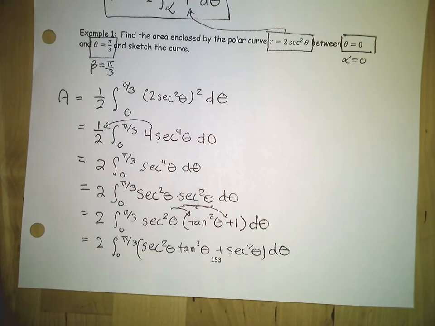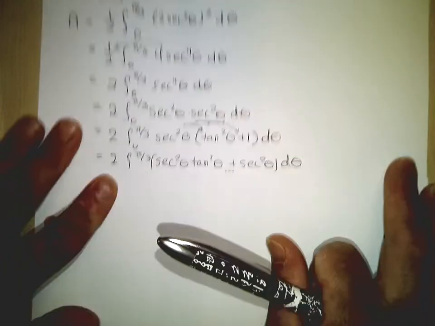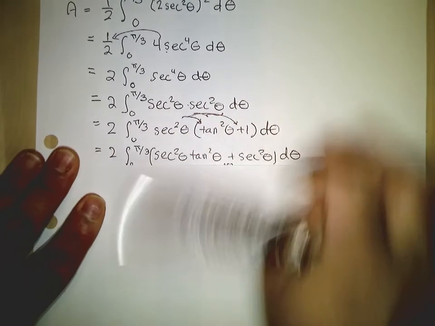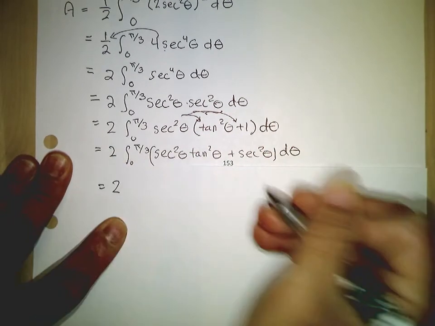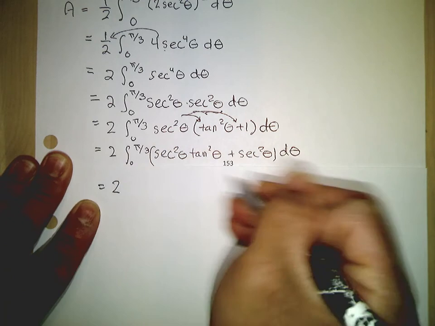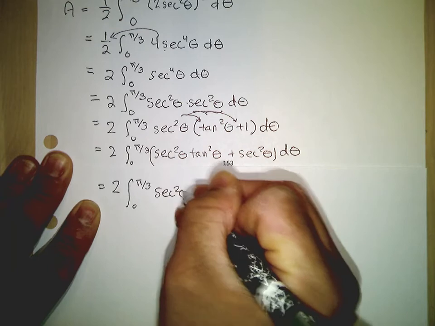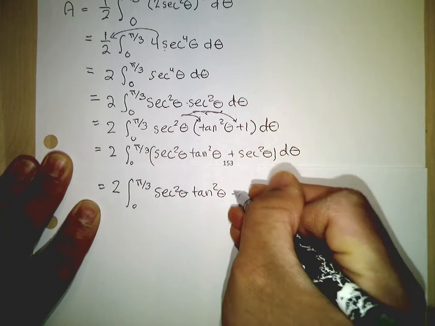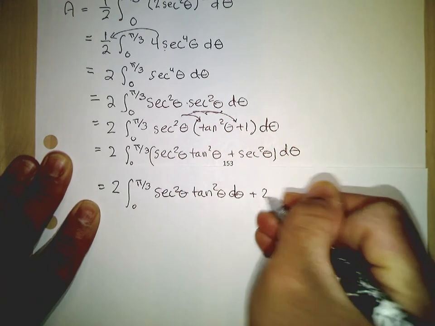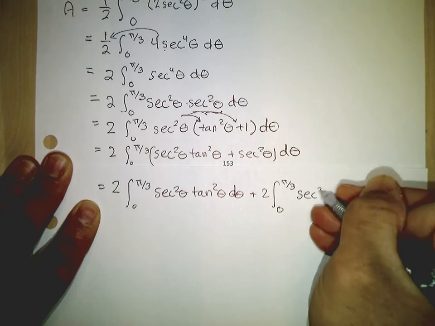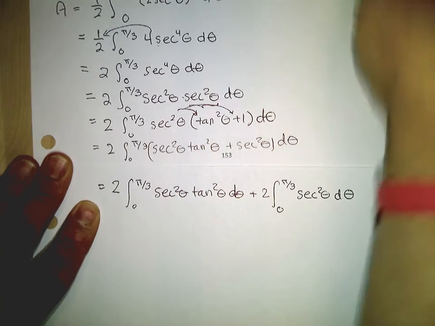And I'm going to bring up the next page here that I have, since I don't know if we'll have enough room. So we have 2, and let's split this into 2 integrals. So 2 integral from 0 to pi over 3 of secant squared theta tangent squared theta d theta plus 2 integral from 0 to pi over 3 of secant squared theta d theta.